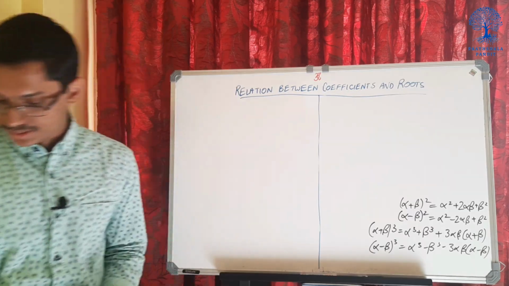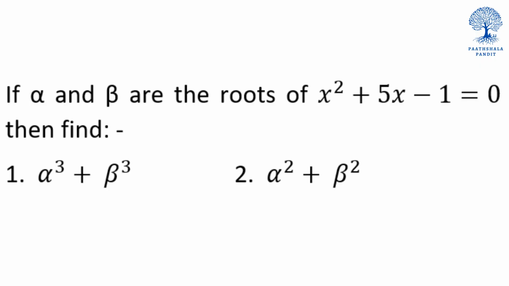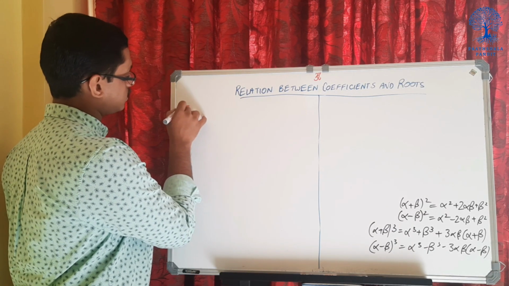Let's see a question. If alpha and beta are the roots of x square plus 5x minus 1 equal to 0, then find alpha cube plus beta cube and alpha square plus beta square. Let's write the given part first.